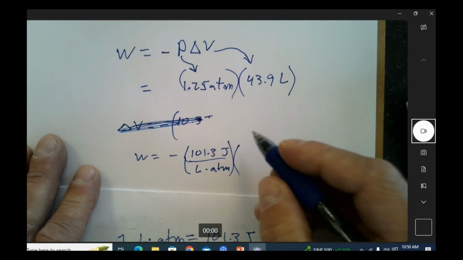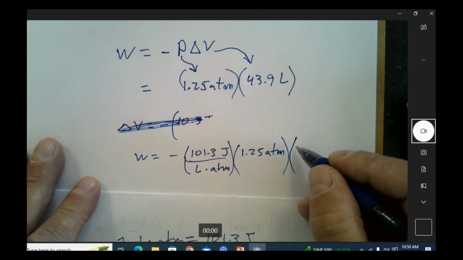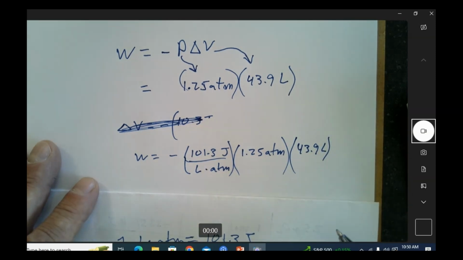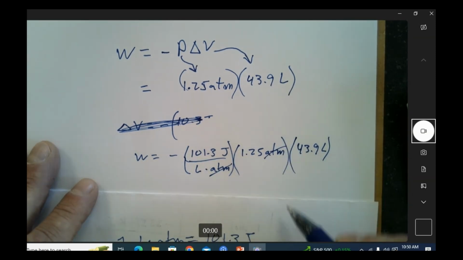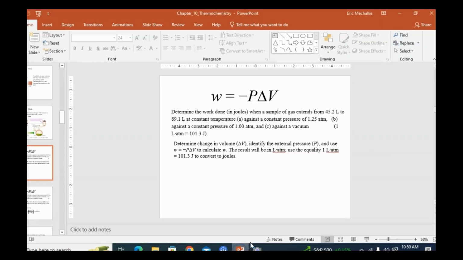All right, then now I get them right in the pressure, and now our delta V is 43.9 liters. And if everything went right, atmospheres goes away, liters goes away. What unit am I left with? I'm left with joules.